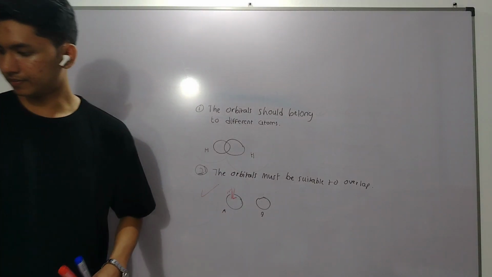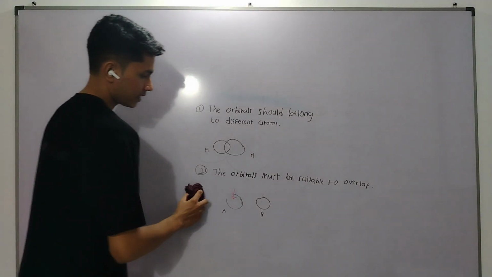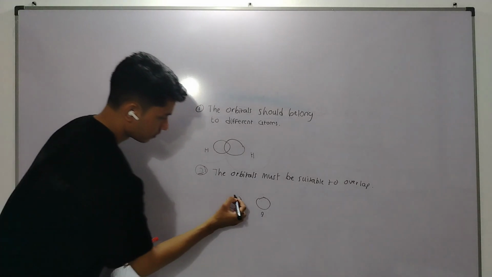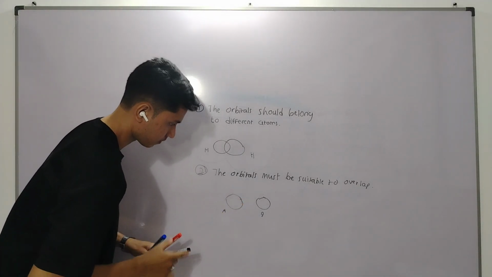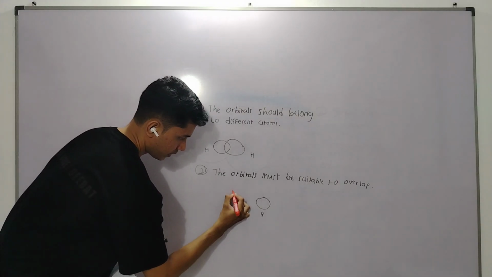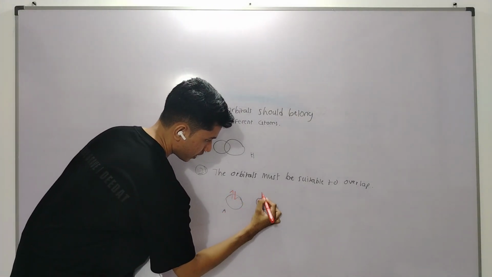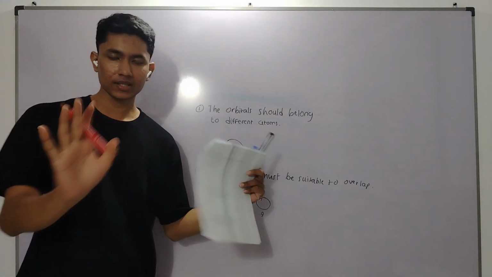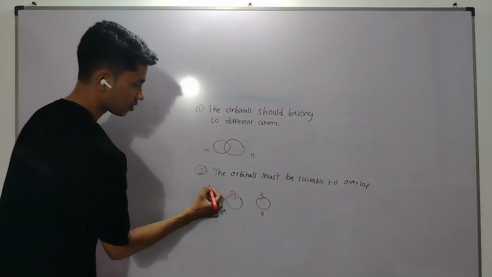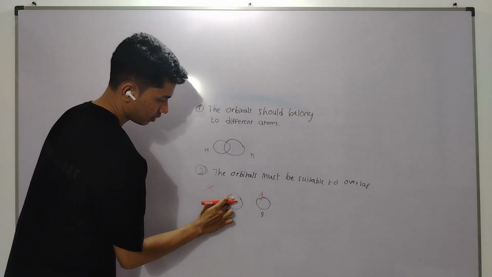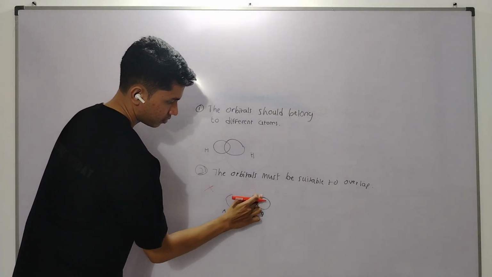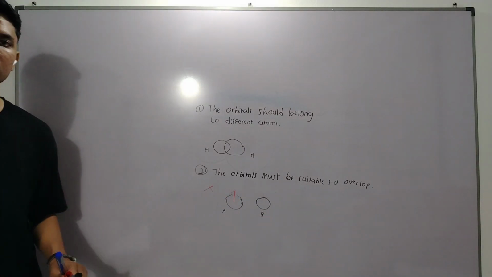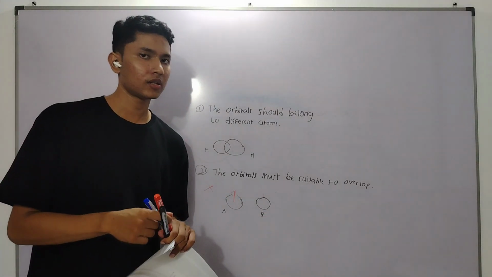Let's take another example. Here there are 2 electrons, here there is 1 electron. After overlapping, there will be 3 electrons. So this is not suitable to overlap. Let's say there is only 1 electron here and no electrons on B. Again, it's still not suitable to overlap.